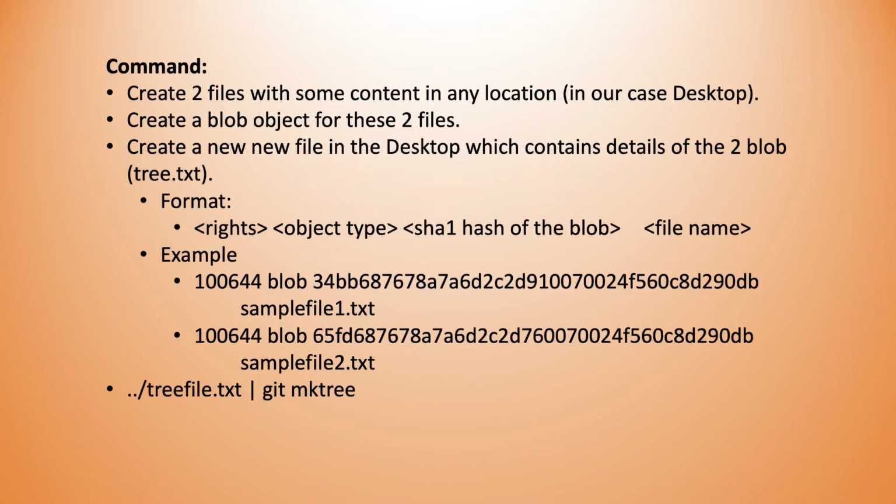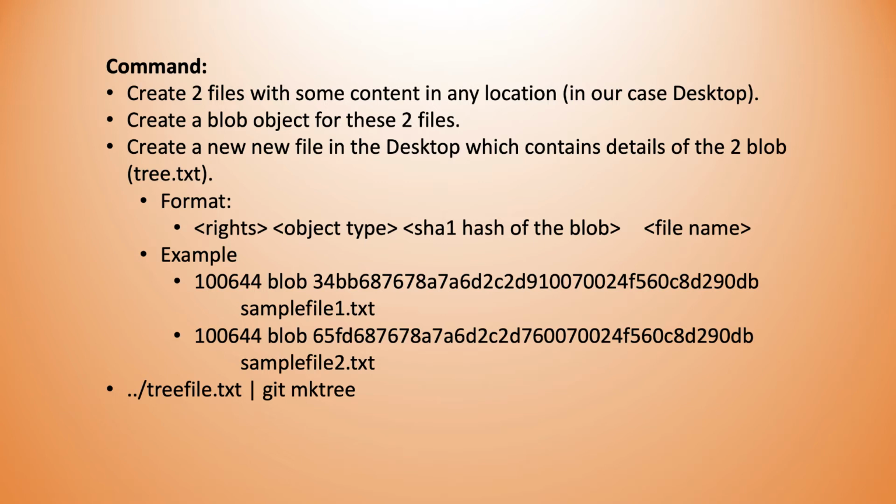Coming back to today's agenda, we are going to do the following. We'll create two files in any location; in my case I will create them on the desktop, and then I will create a blob object out of these two files. After that I will create one more file which will contain some details of these two blob objects, because we are trying to create a tree object, so we have to do it all manually just to show how exactly it works.